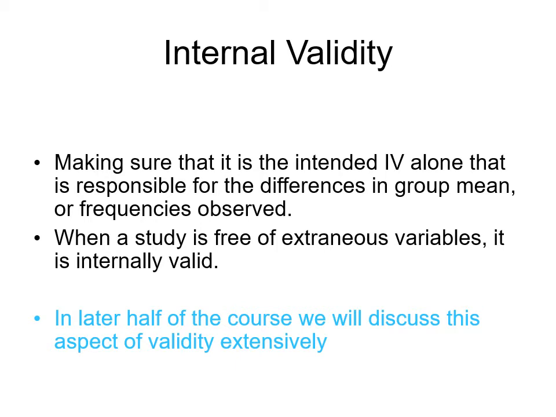When someone says that this can confound the study, that means they're questioning your internal validity. They're essentially questioning whether or not it is really your intended independent variable that is responsible for the differences in the statistical significance that you're seeing.